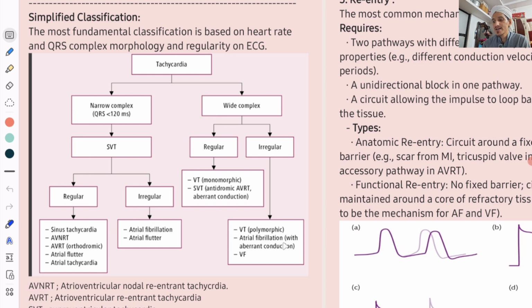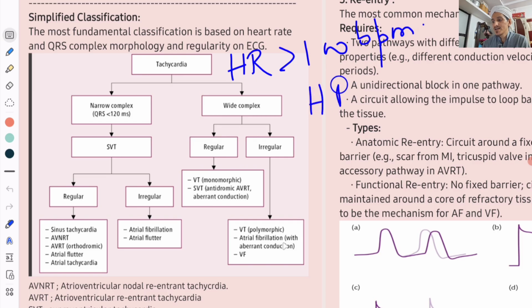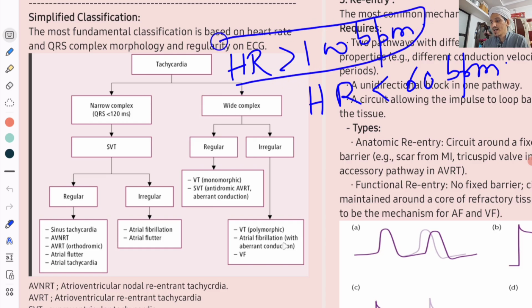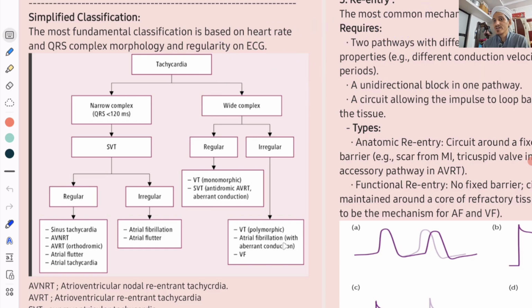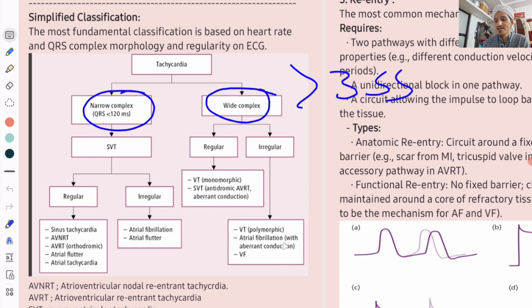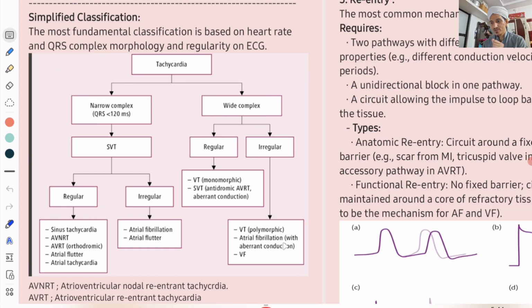Tachycardia is a heart rate more than 100 beats per minute, and bradycardia is a heart rate less than 60 beats per minute. So whenever the heart rate is more than 100, next you see whether the QRS complex is wide, meaning more than 3 small squares, or narrow, meaning less than 3 small squares. You see the width of the QRS complex.